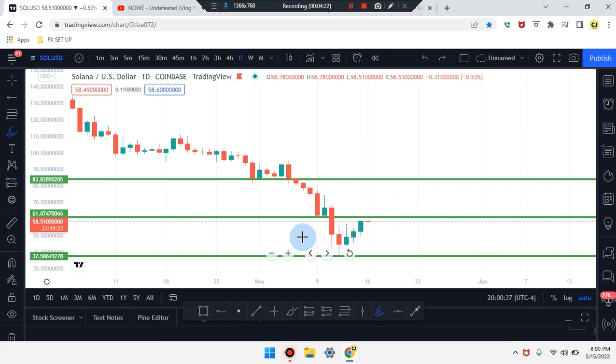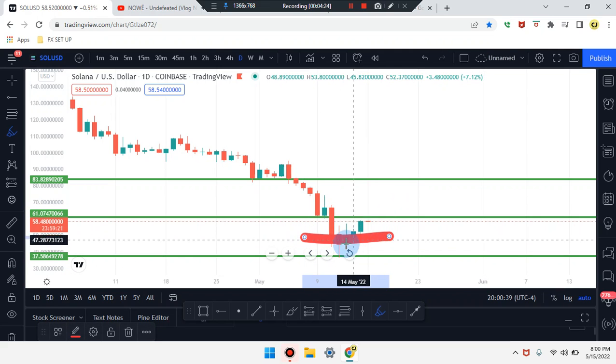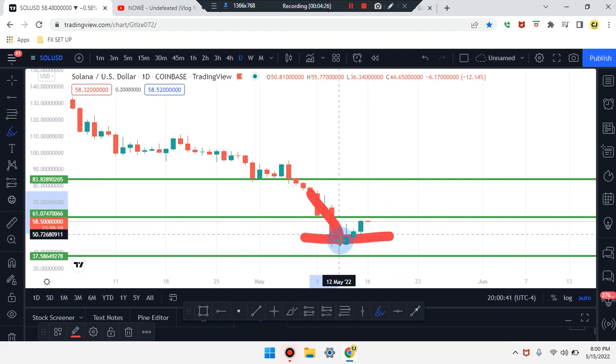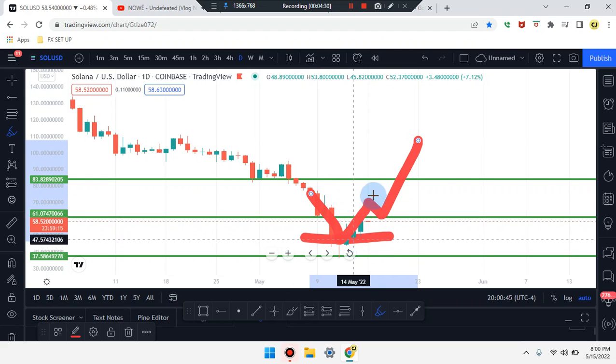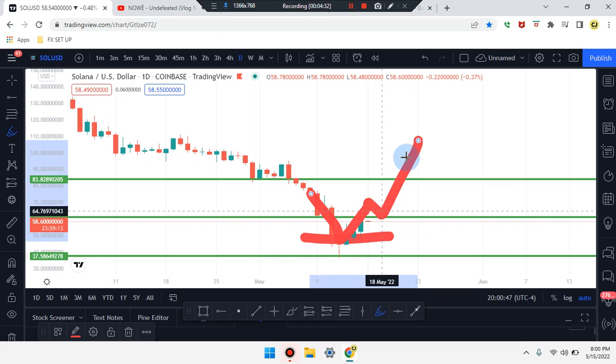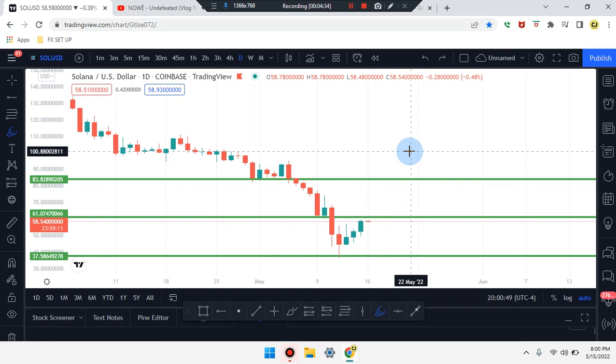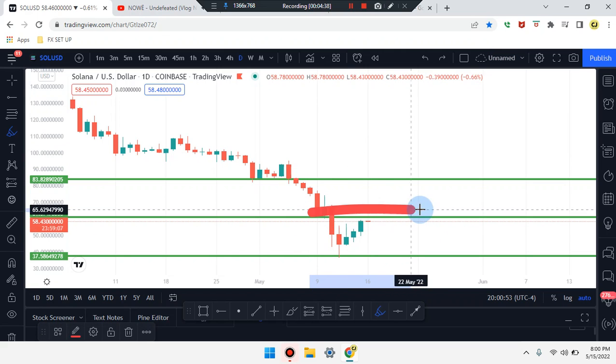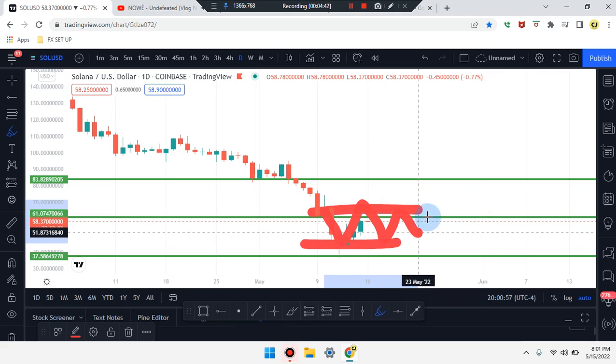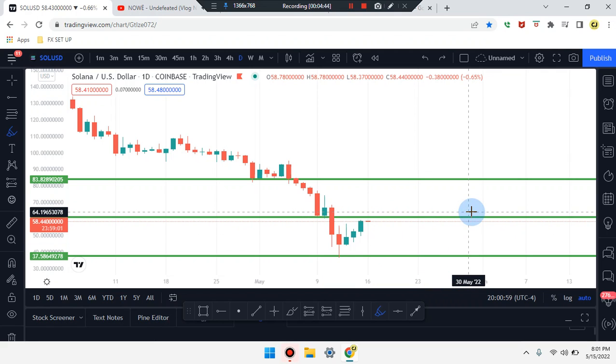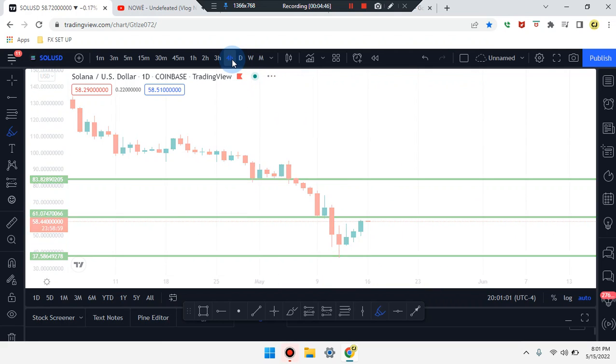If not, the price will be expected more for an incline for that first leg, second leg, third leg, and market pushes up. So breaking, retest of that area here, and the market goes up to new levels. And last but not least, we can get that area of consolidation side by side. Let's keep walking down the time frame and see what we see.